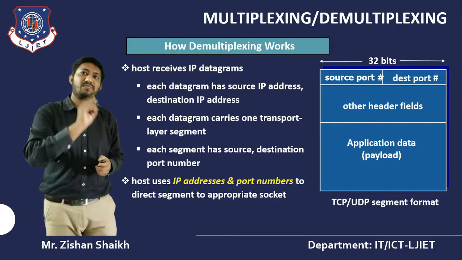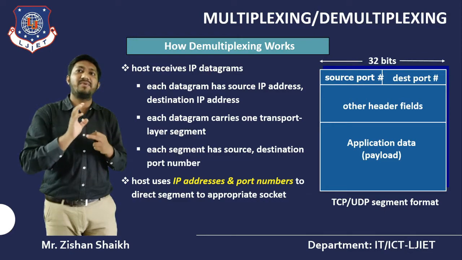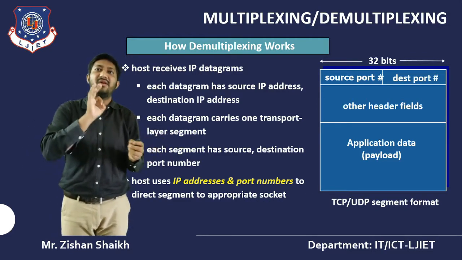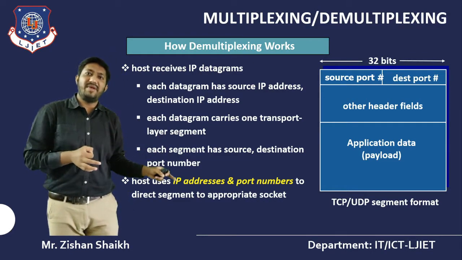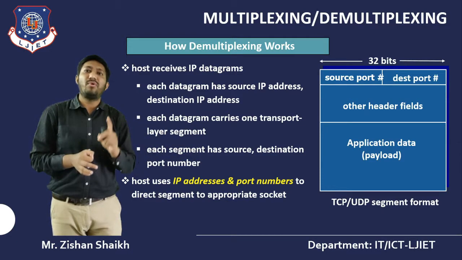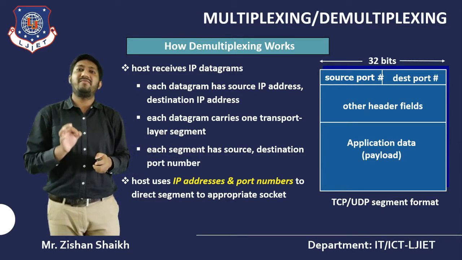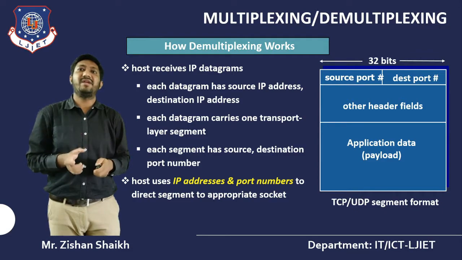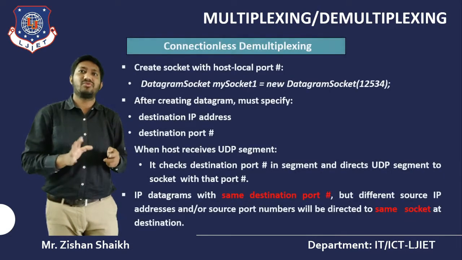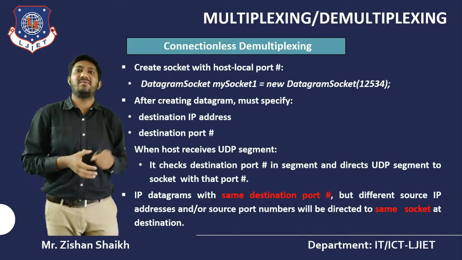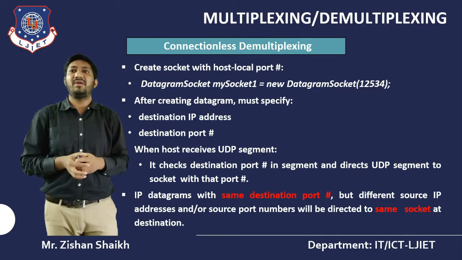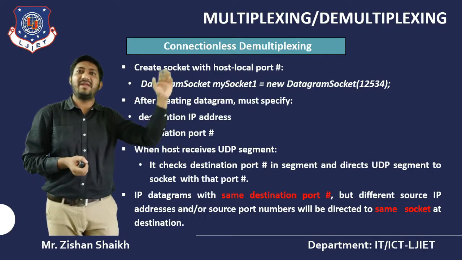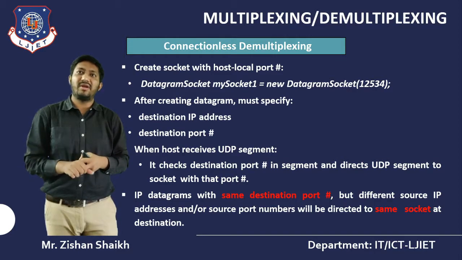For transport layer services, to transfer data from source to destination, we require the IP address as well as the port number. Then we can appropriately send the data to the particular dedicated socket. So in a connectionless service, how can I create the data item? For that, practically we use the DatagramSocket class.